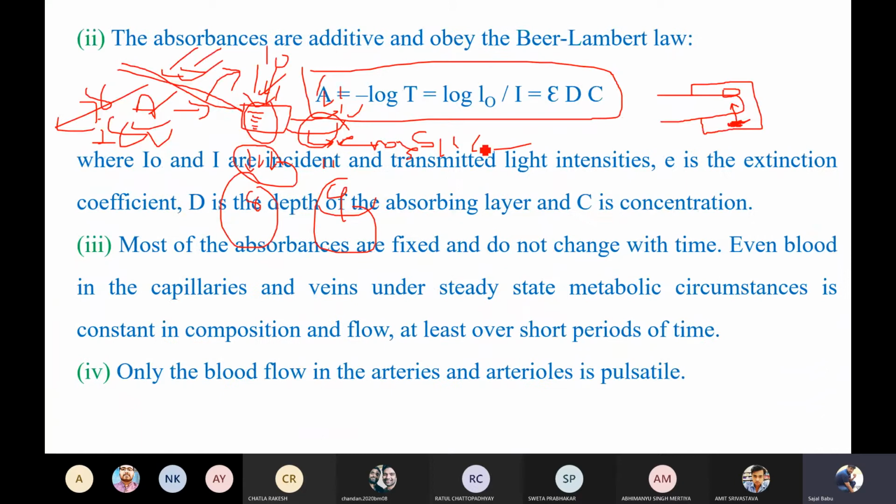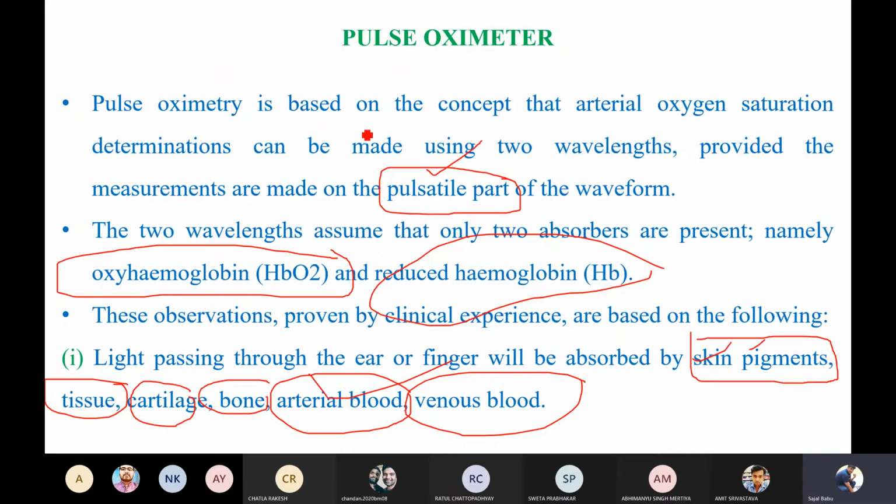As per my explanation, I get the pulsating part only for the light that has gone through the arterial part, and the arteries carry only oxy and deoxyhemoglobin. That is the reason why I considered the observers as oxy and deoxyhemoglobin.